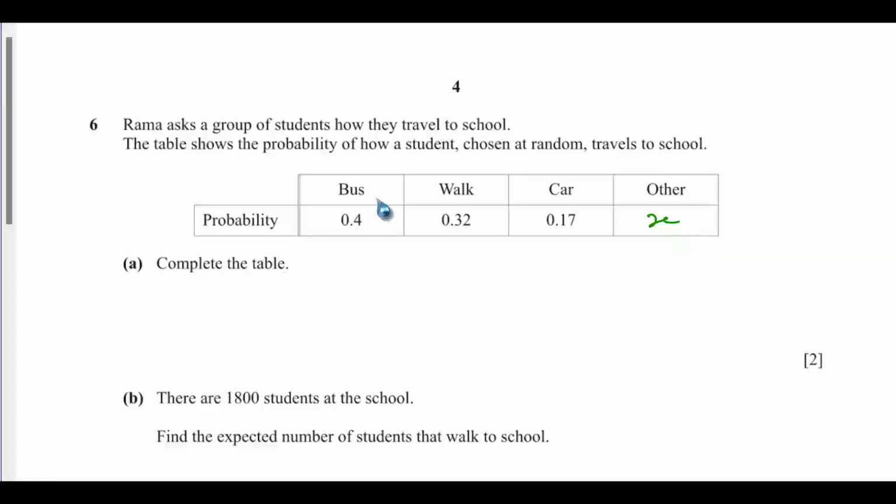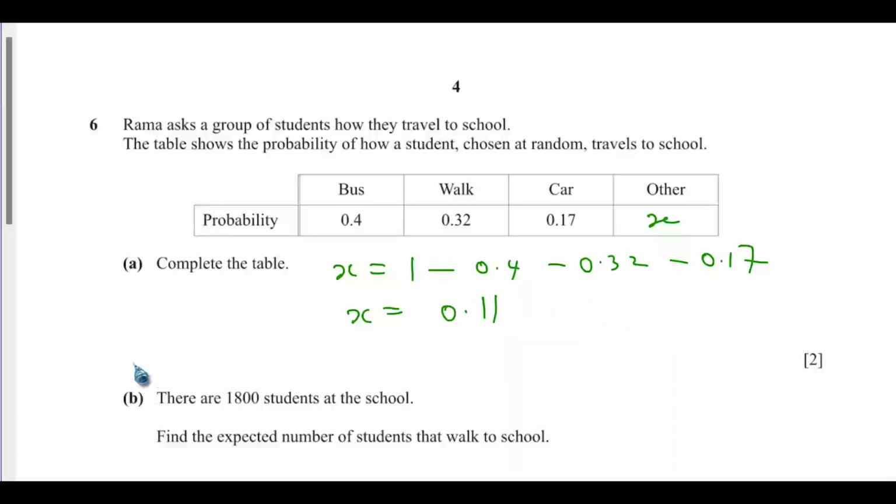So the probability of X will be X equals 1 minus 0.4 subtract 0.32 subtract 0.17. As you already know, all the probabilities add up to 1. So if you do this, X will be equal to 0.11. So that is the probability.